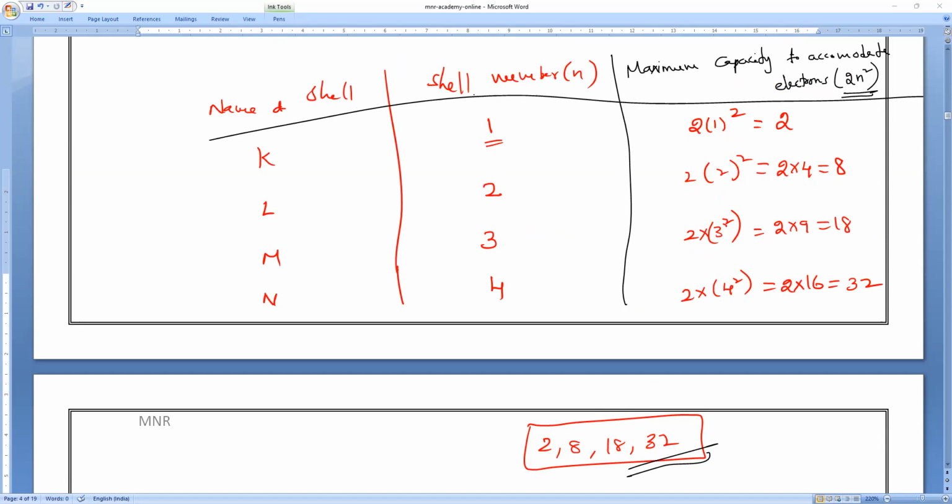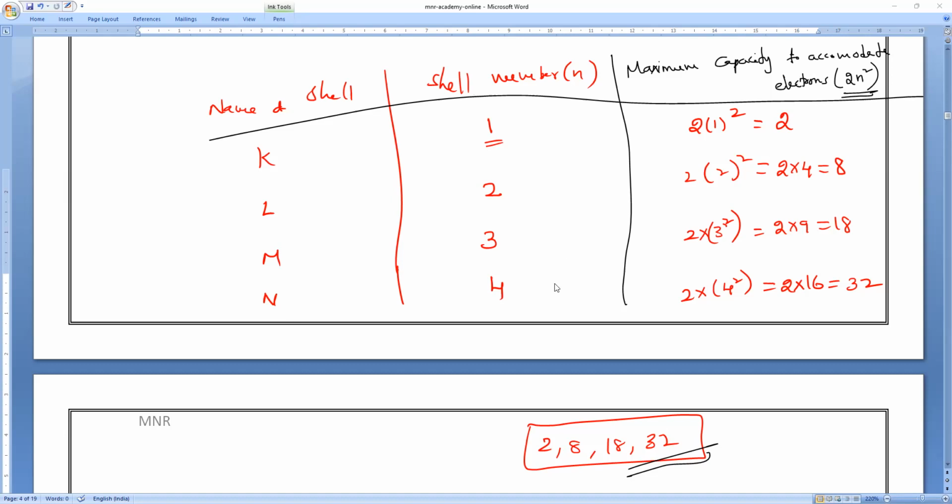For example, in a hall, maximum 500 people can be accommodated. It doesn't mean that 500 people are there. It may be 5 members, 2 members, or even nobody. So maximum capacity is different from the number of electrons present. Any doubt? Please let me know.